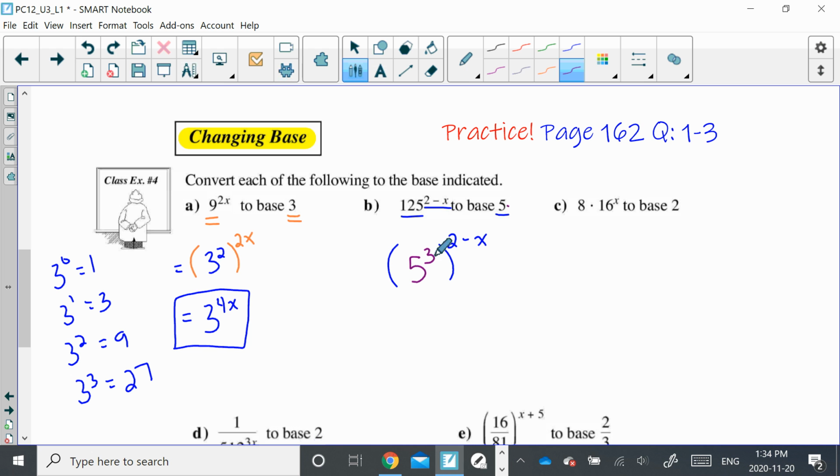This is then power to a power, which means we have to multiply. But because this is more than one term, you must enter this in a bracket. It is going to be 3 times 2, and then 3 times negative x. This answer would be 5 to the power of 6 minus 3x.